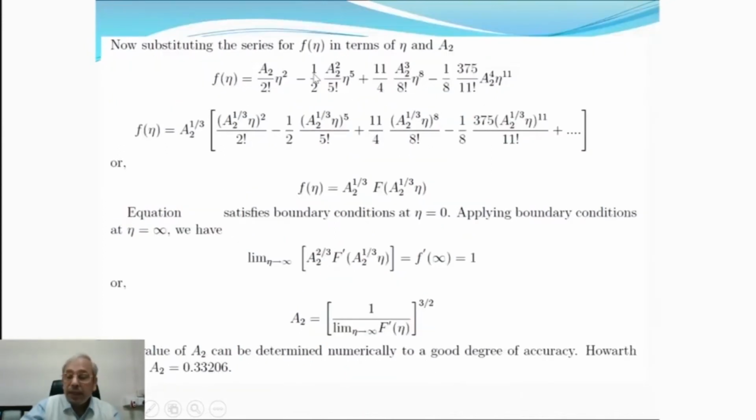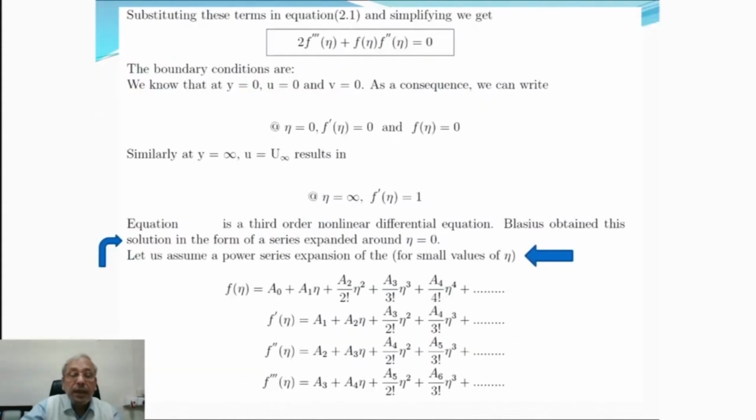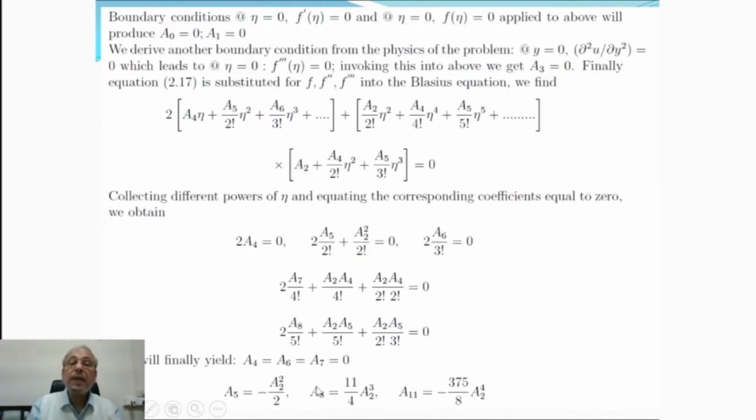Now in the expressions where we have written f prime, f double prime, f triple prime, if at eta equal to 0, f triple prime eta is 0, that means obviously a3 is 0. So we have written a3 is 0.